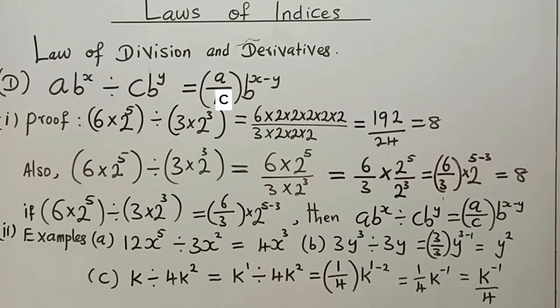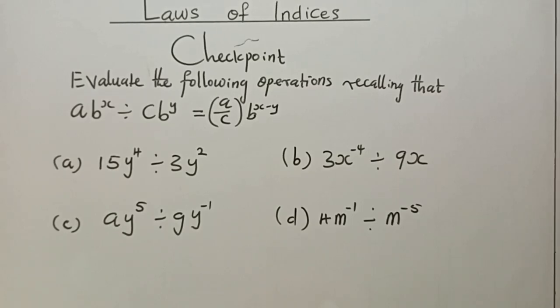At this point, please try and check if you understood the point that is being made in this section. And here comes the checkpoint. It says evaluate the following operations, recalling that a times b to the power x divided by c times b to the power y is equal to a over c times b raised to the power x minus y.